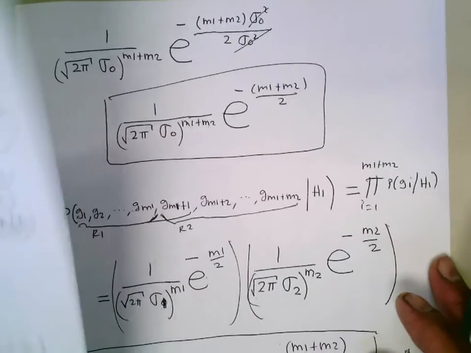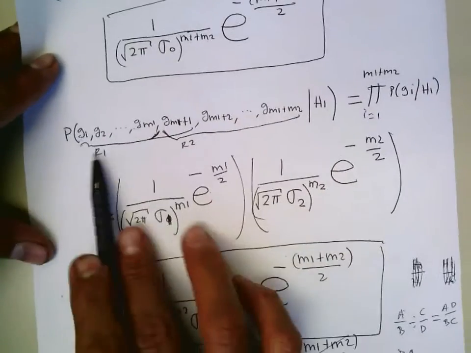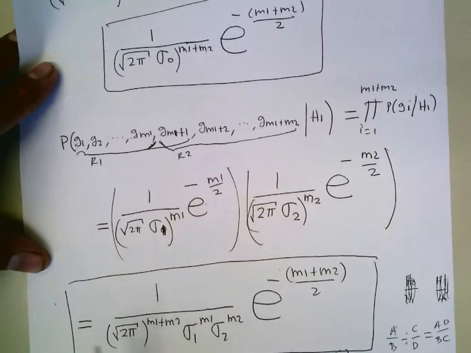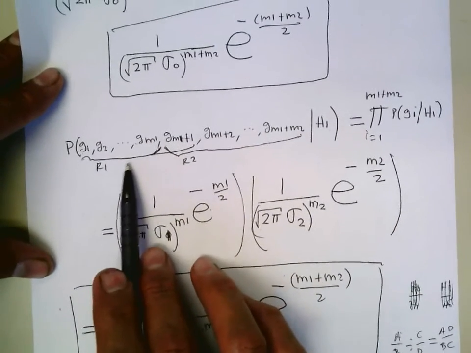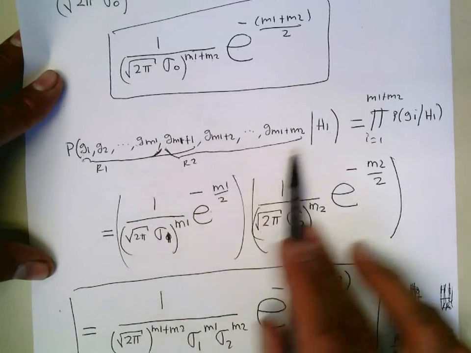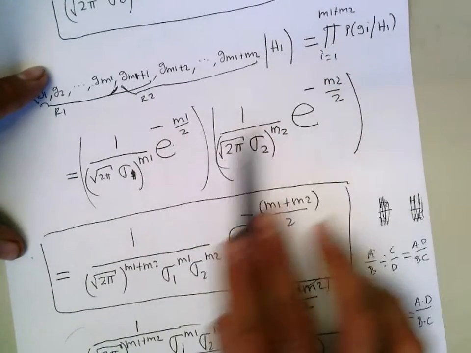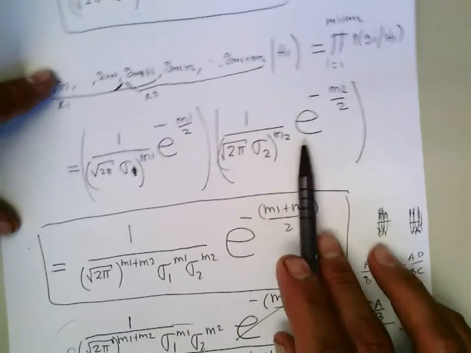For the other part of the formula, where region 1 and region 2 are separated, we do the same expansion. This is what we have, and this is how we will simplify.